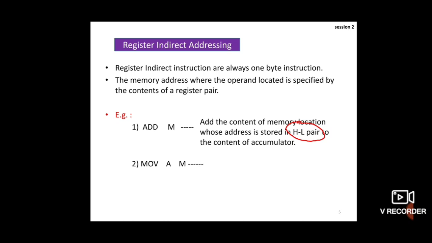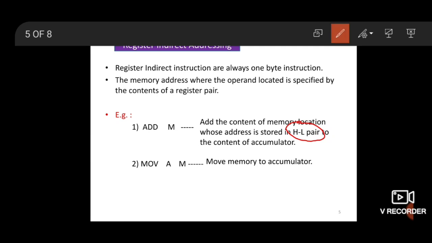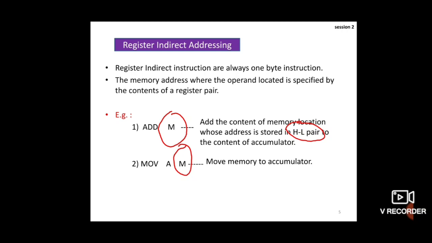One more example, MOV A, M. Here also M is specified. MOV A, M means move memory to accumulator. So student, one thing to remember: if M is specified in the instruction, that instruction comes under register indirect mode.